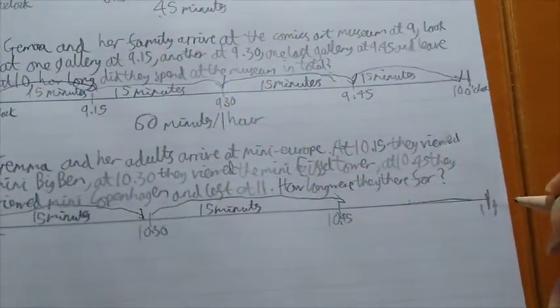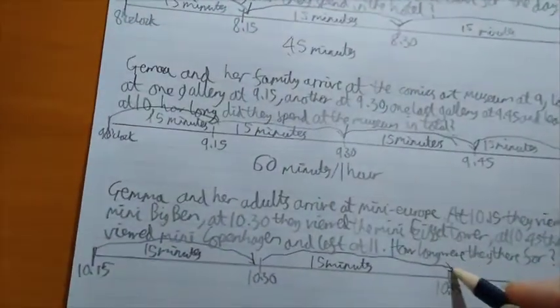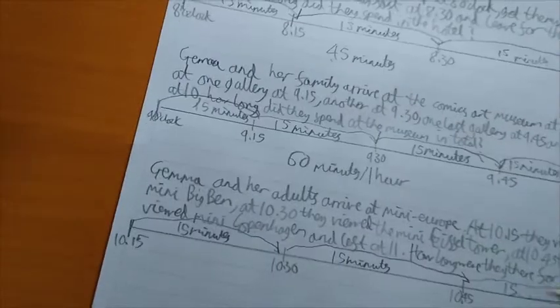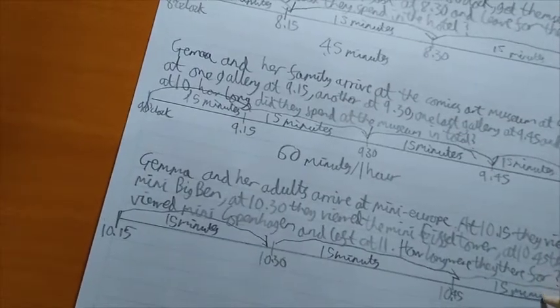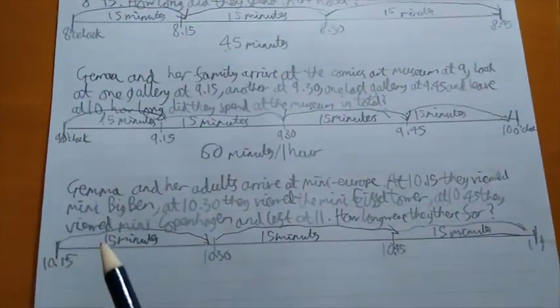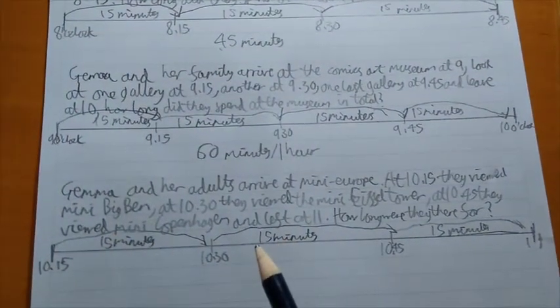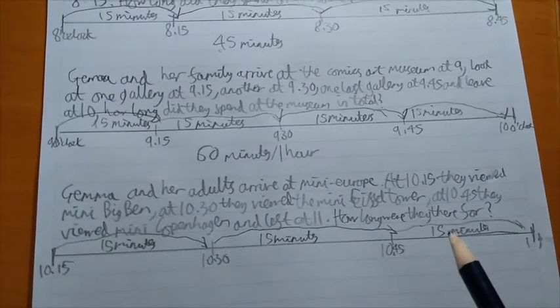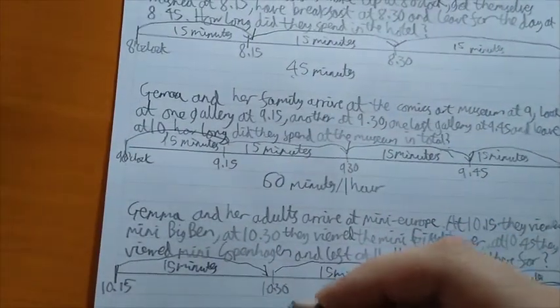And between 10:45 and 11 is also 15 minutes. So let's add these 3 groups of 15 together. 15 add 15 is 30, and then add another 15 to that 30 is 45 minutes. So very well done if you got that.